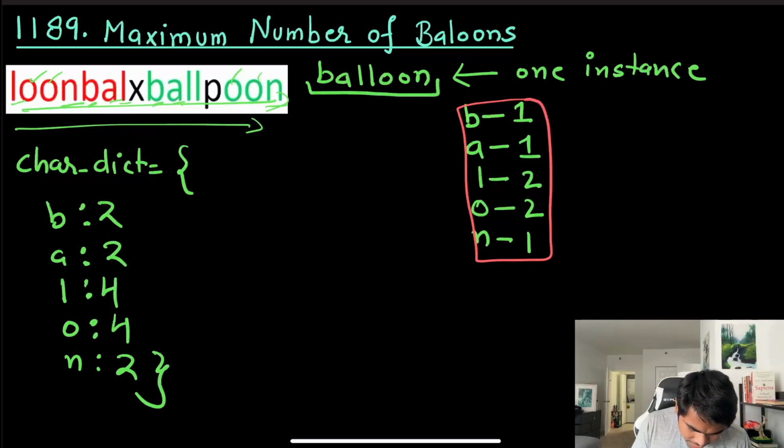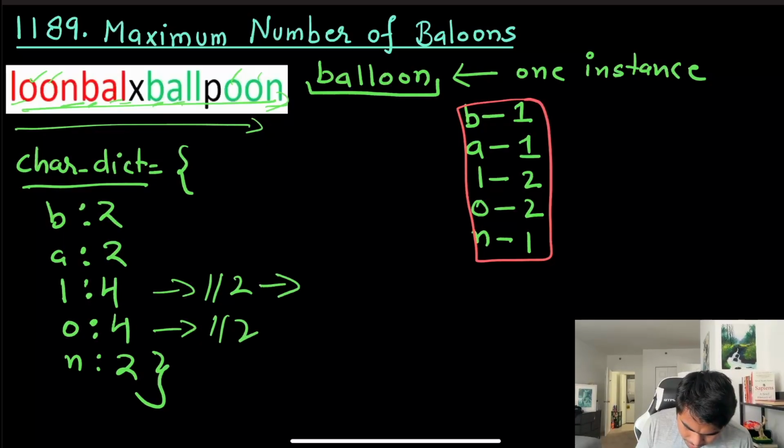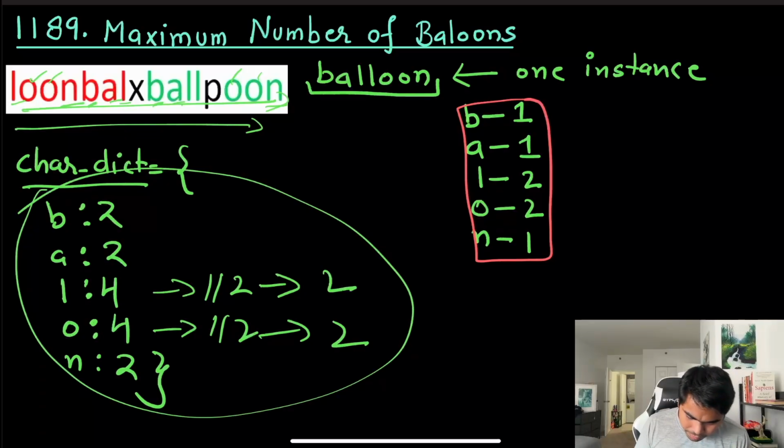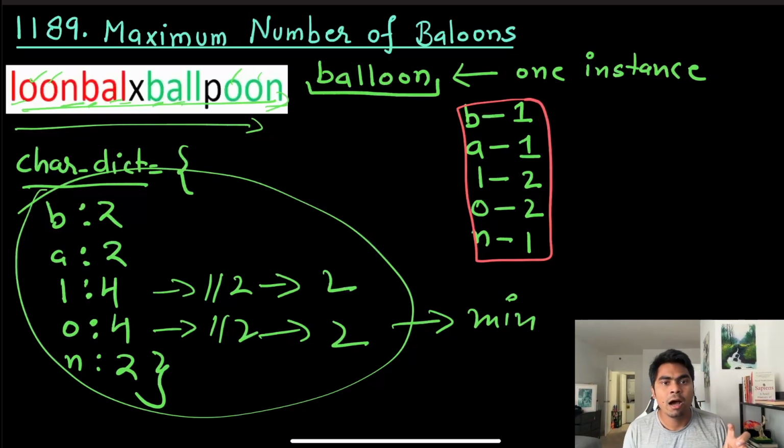After I have this char dictionary, I will divide these two by 2. So it will be 2 and it will be 2. And then once I have done that, I will return the minimum of these, because that minimum will decide how many instances of balloon I can actually create.